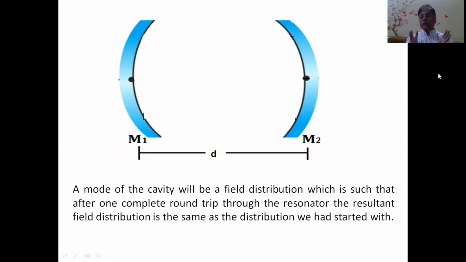Otherwise, if the field is not repeated, it means it has suffered destructive interference, and because of that, it is lost. So a mode of the cavity is a field distribution such that after one complete round trip through the resonator, the resultant field distribution is the same as the distribution we started with.